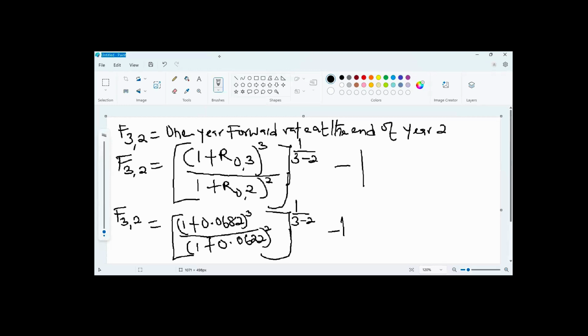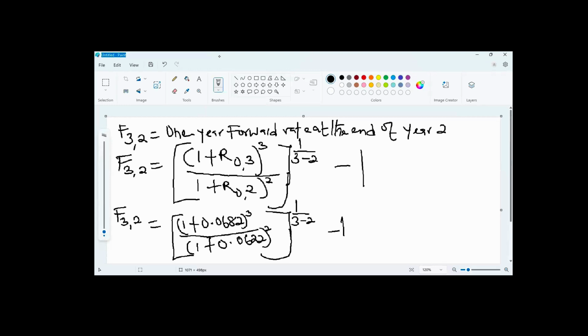One plus ... raised to power 3, divided by 1 plus 0.0622 raised to power 2.